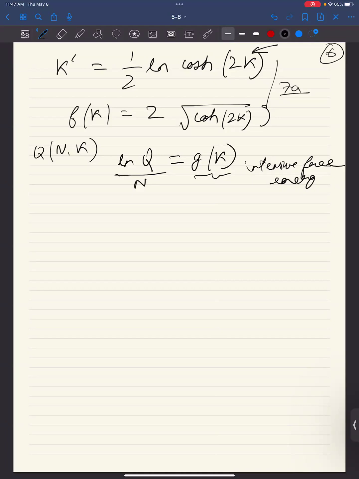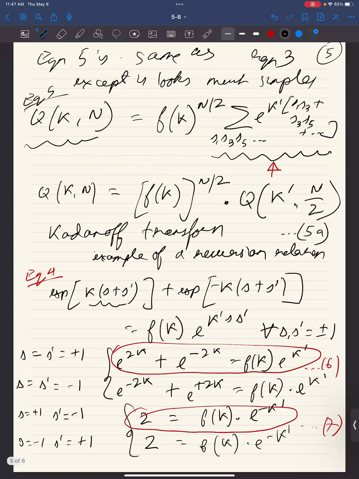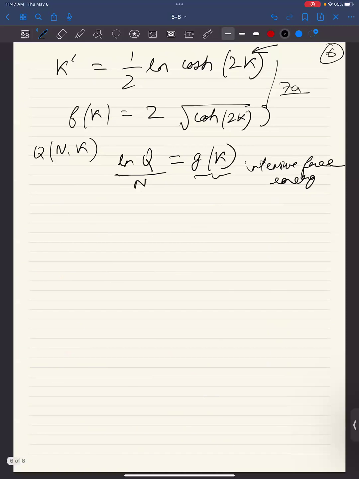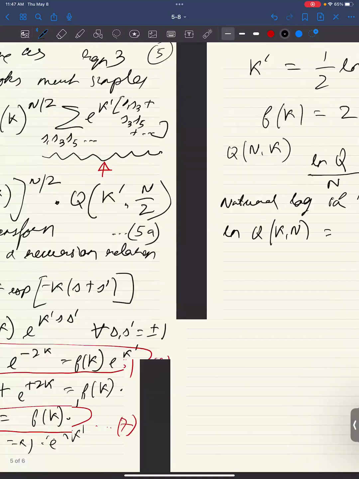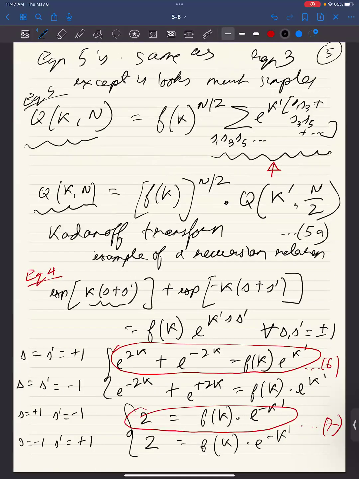So if you look at equation 5a, which was this recursion relation between Q of K comma n and Q of K prime comma n/2, we can take the log of both sides. Okay, so natural log, or any log, on both sides will give us ln Q of K comma n is equal to, so if I take log of this, that becomes ln Q. Log of this will become n/2 log of f of k, right?